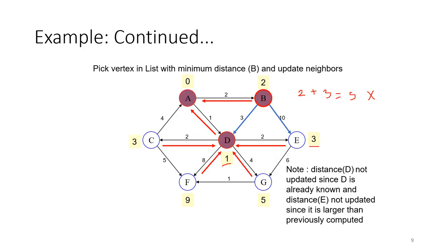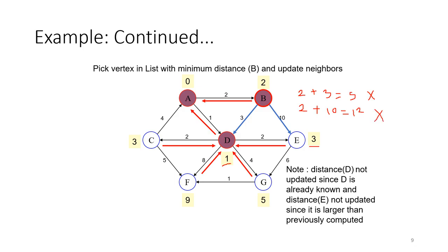Any other node that becomes reachable after adding B? We can also reach E, and that distance is from A to B it is 2 and from B to E it is 10. So that distance from A to E is 12, again not better than what we already have.